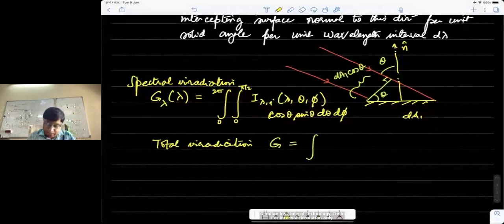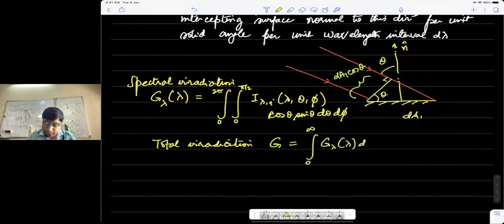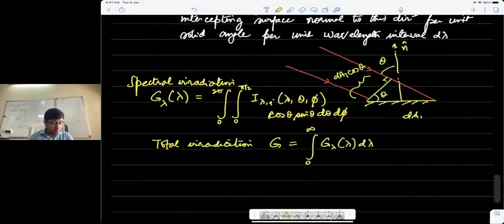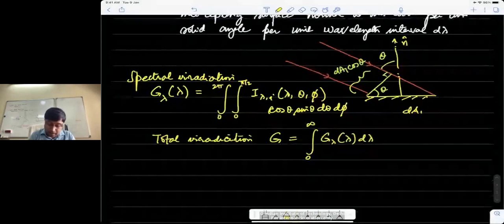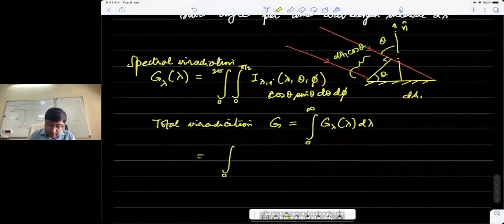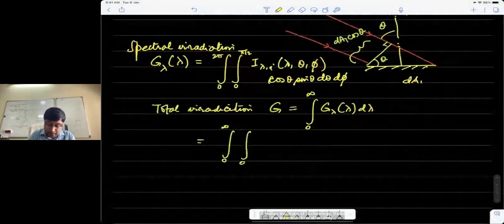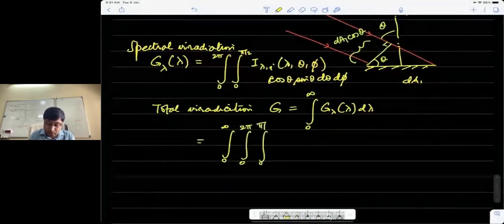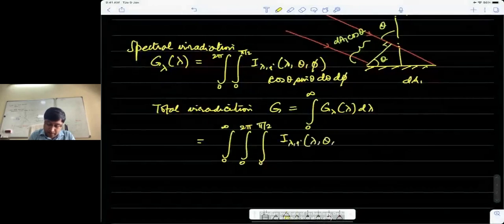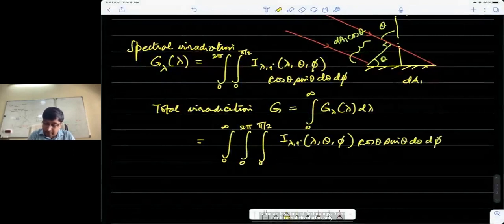So G would be written as integral 0 to infinity of G_λ dλ, and we can write this as integral 0 to infinity, integral 0 to 2π, 0 to π/2 of I_λ,i times cosine θ sine θ dφ dλ.